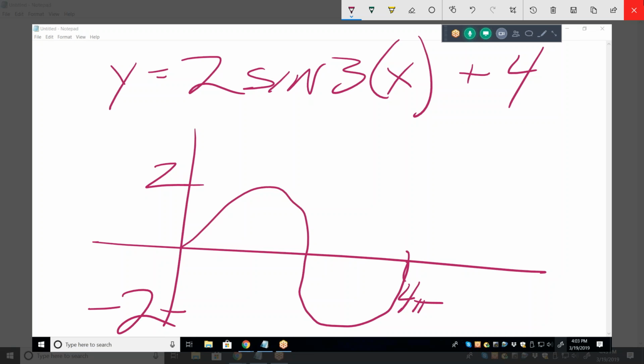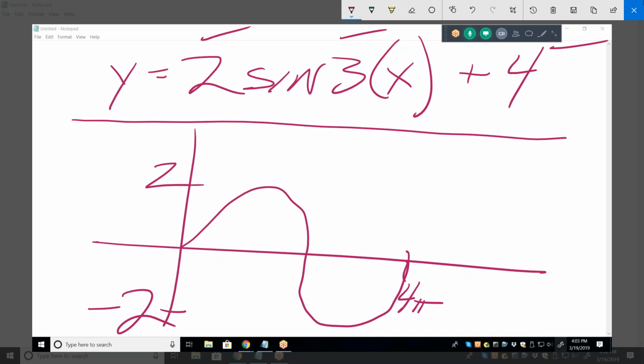So it's one of those two, and they're going to expect you to be able to go both ways. Now, we can certainly do these kind of problems online. In other words, we can talk about a function and how to graph it. And I would graph this just exactly the way I've been graphing the others. I would start with sine x, and then I would apply the 2, and then I would apply the 3, and then I would apply the 4. Whatever I come up with, that's the final graph.